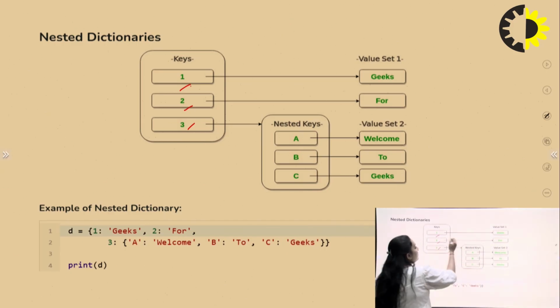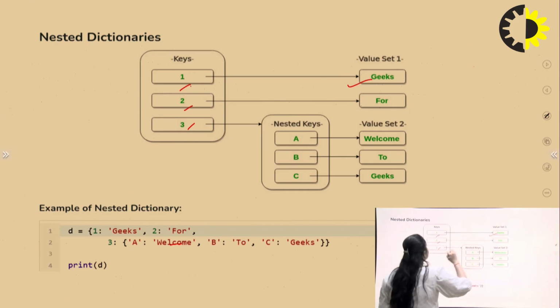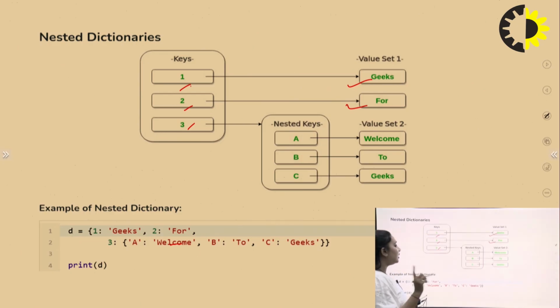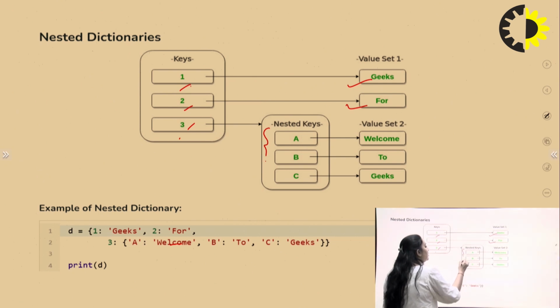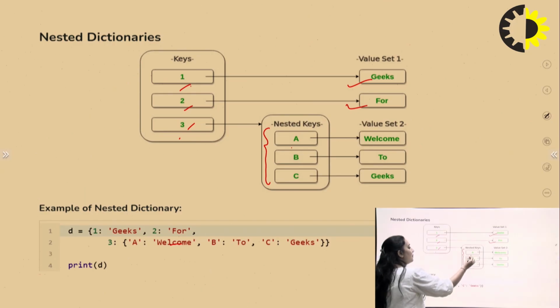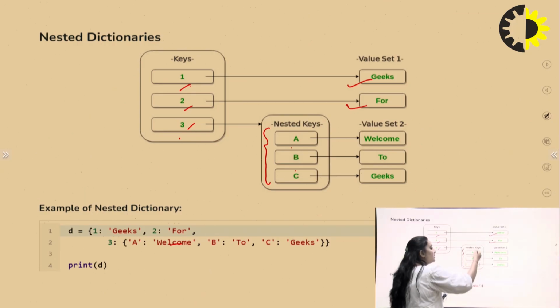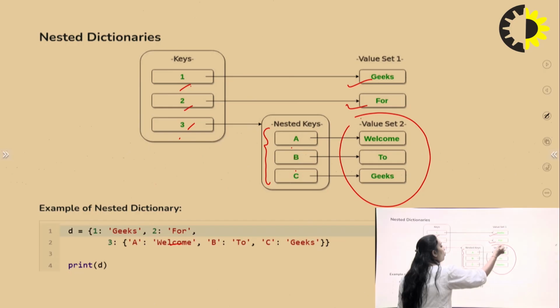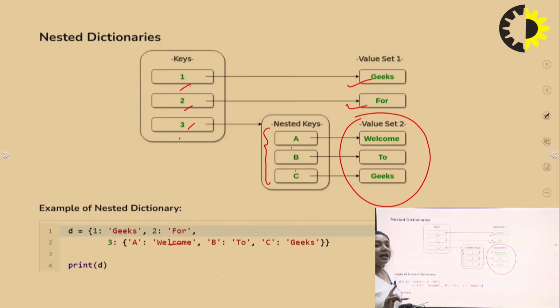So the number 1 key represents the article 1, the number 2 represents the article 2, and suppose the third key represents a nested key, which means the third key has nested keys. For example, a few nested keys are present, A, B and C, and all these nested keys have their own value, right? This nested structure is similar to the nested if else condition you already learned, which is called the elif conditions, right?